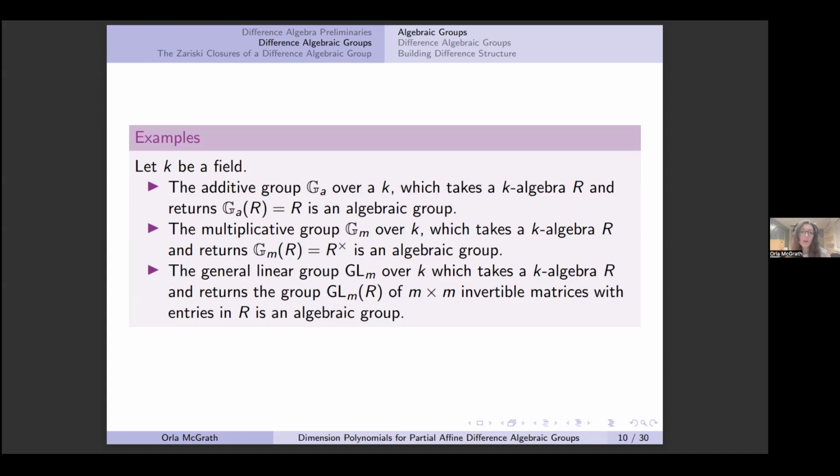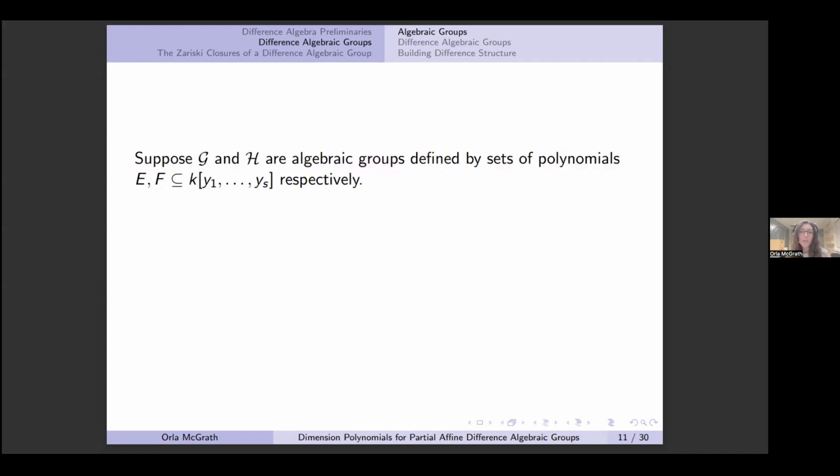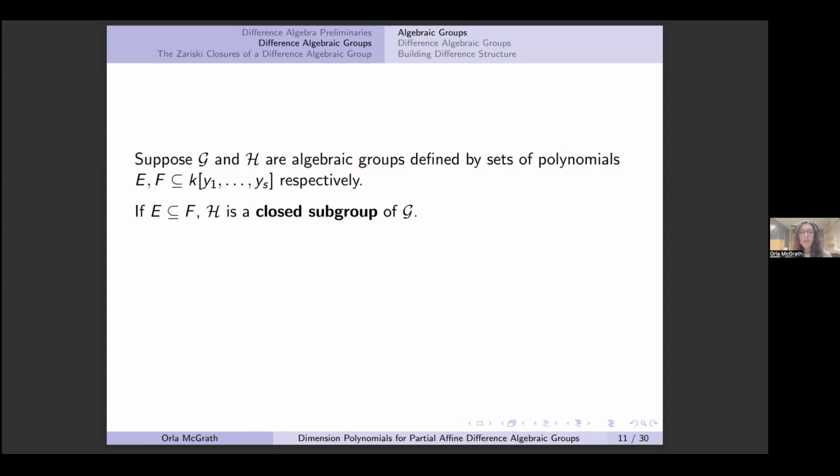The last thing that we're going to need from just standard algebraic geometry is the notion of a closed subgroup. So if we have two algebraic groups, which we know are defined by some polynomials, let's say E and F as our sets, if E is a subset of F, essentially H is the zero set of all the polynomials defining G and extra polynomials.